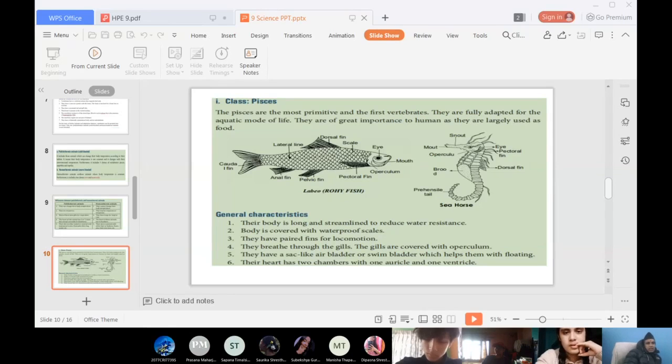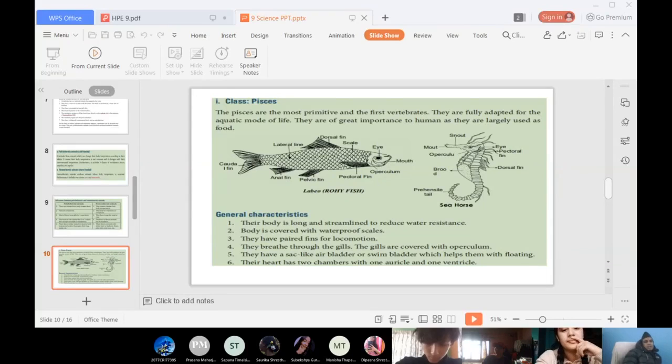Here you can say the young one, the small baby, breathes through gills, and the mature animal breathes through skin or lungs. And you can say they have a three-chambered heart.